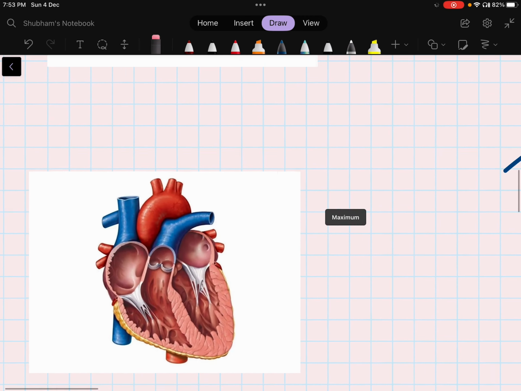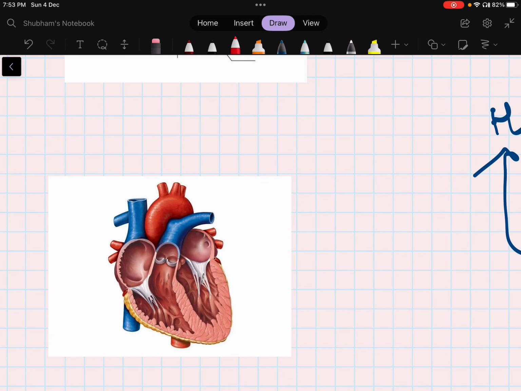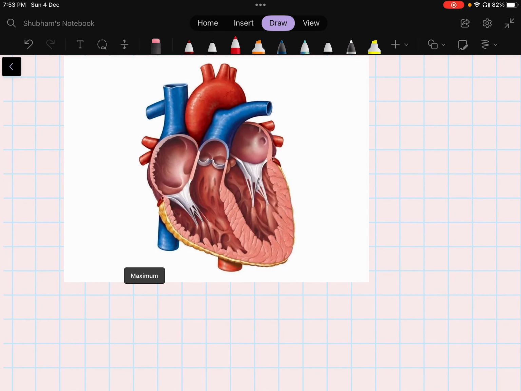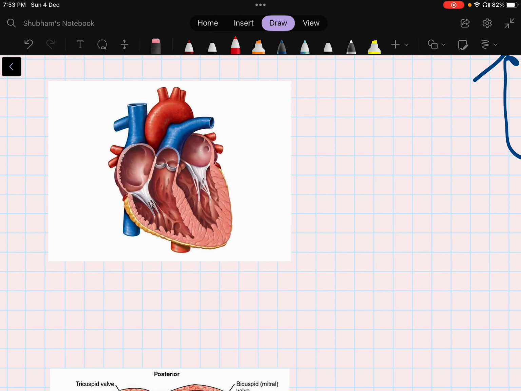Let's deep dive into the heart. Let's cut open our heart, right? Our heart has three layers.